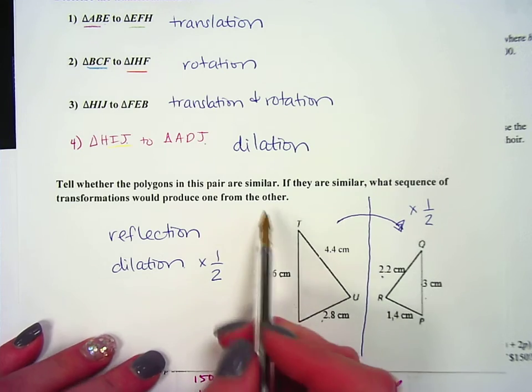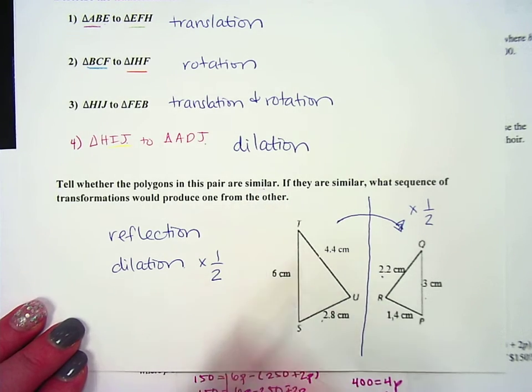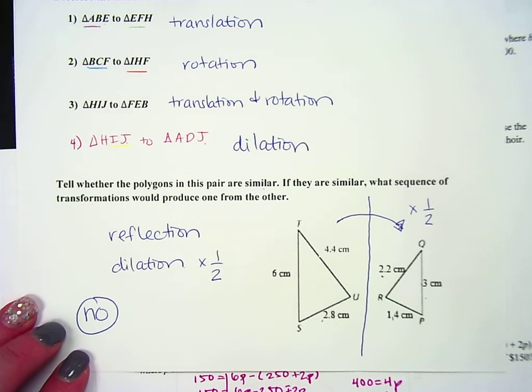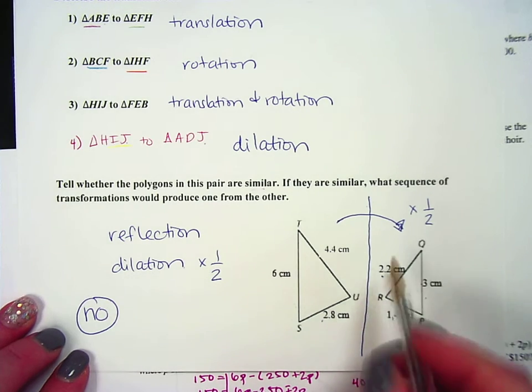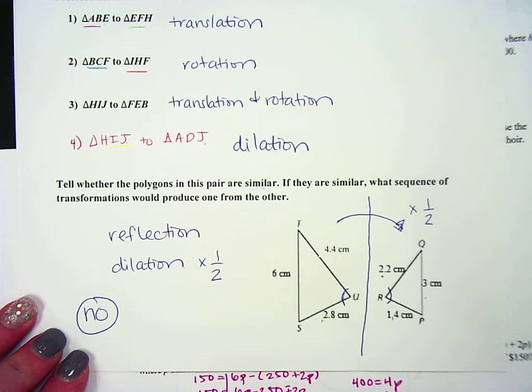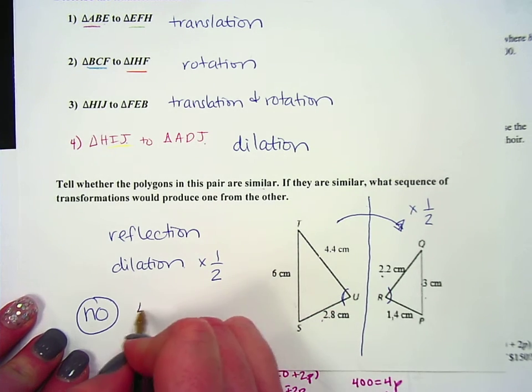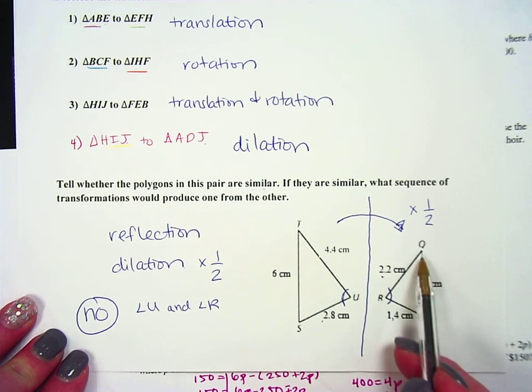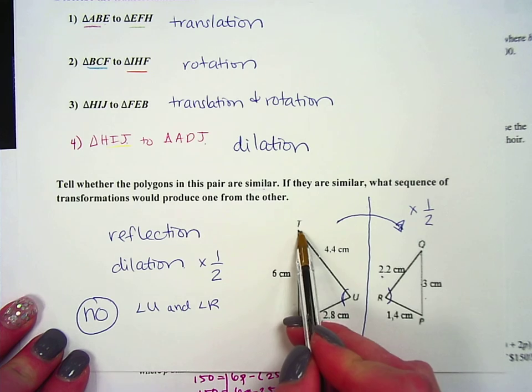However, there's one huge thing we're missing to say that these two are similar. It is a no. What am I missing? I'm missing those angles. Do I know if angle U is the same as angle R? Unfortunately, I don't right now in my picture. Or do I know if angle Q is the same as angle T?